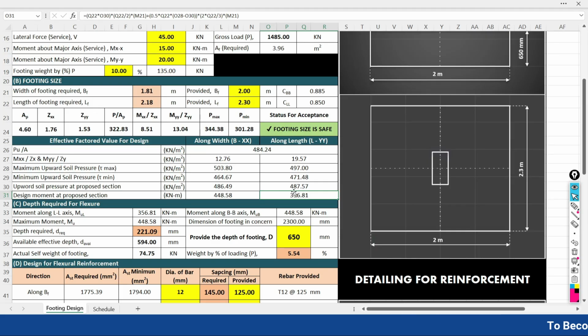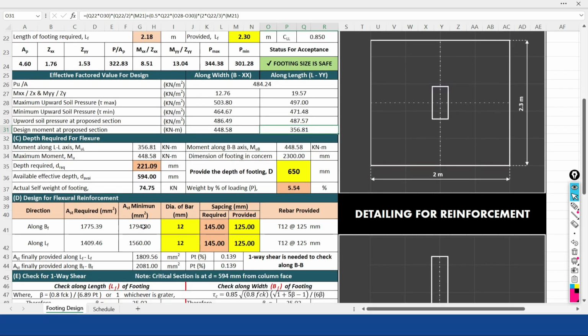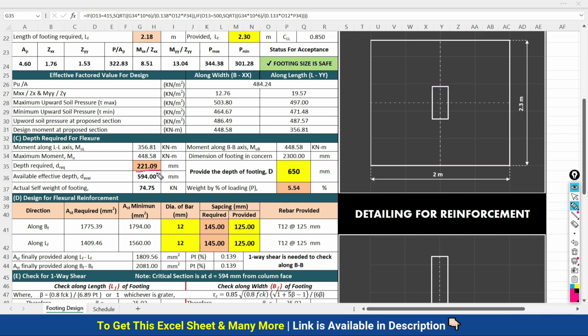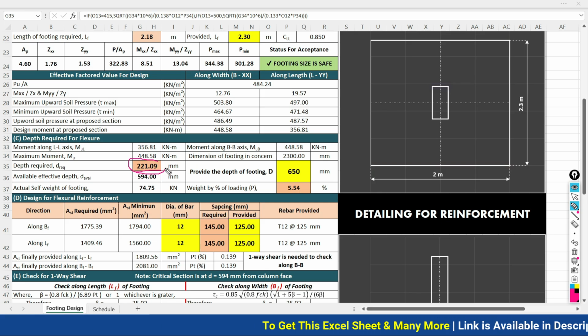This is all calculation the sheet has done accurately, and now we just have to finalize what depth of the foundation we should adopt. So as per the flexural requirement, the depth of the foundation is 221.09 in demand. So at least this depth we need to provide for the case of flexure only.